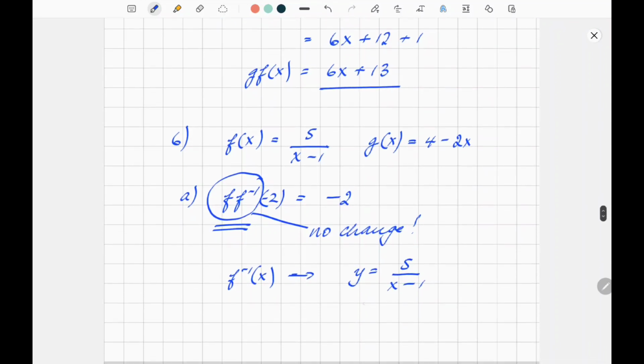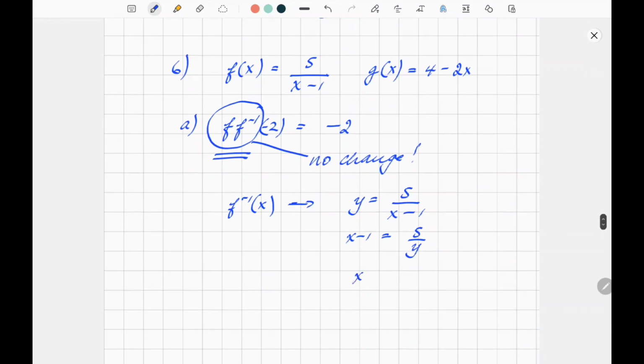And so we've got x minus 1 equals 5 over y. And so x equals 5 over y plus 1. So that is your inverse function. Swapping the x and the y.